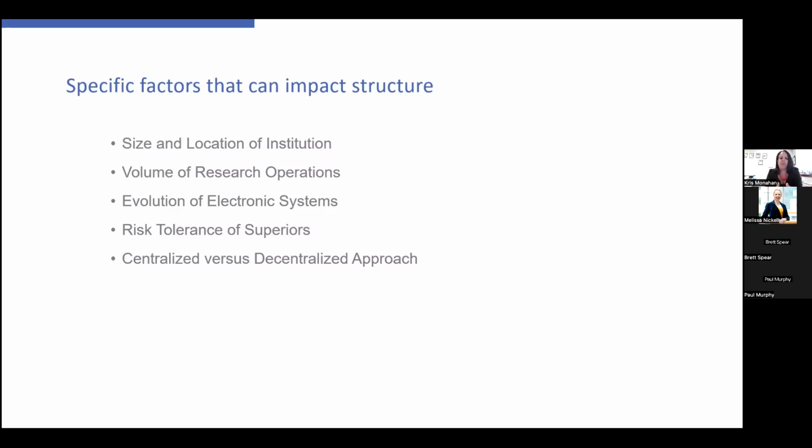And then eventually you may see some decentralization in some pockets of excellence that exist in the university or the college, where someone might pop up to support an individual school. So these are all factors that are going to impact how you put this support together.